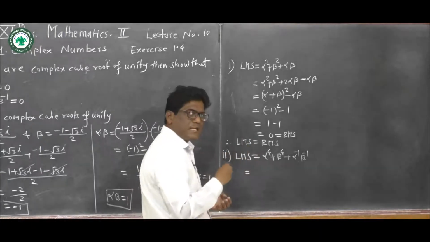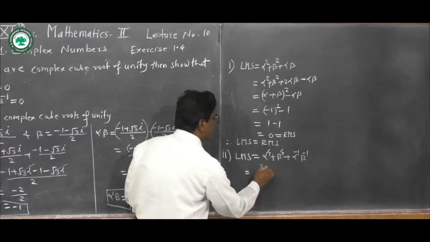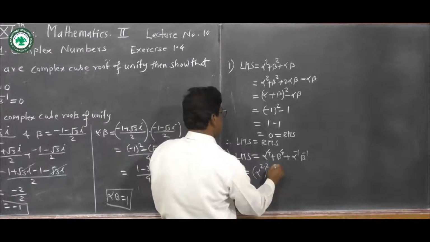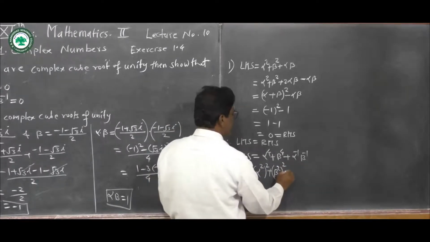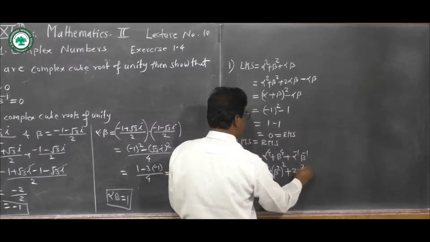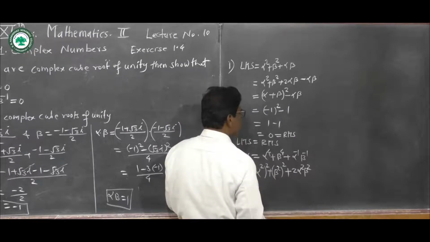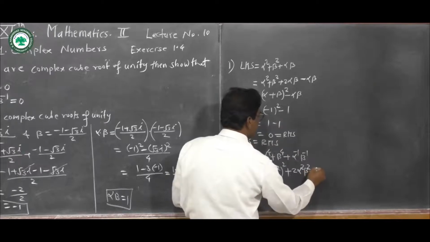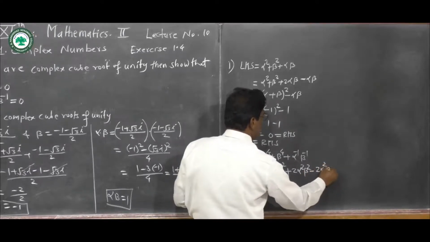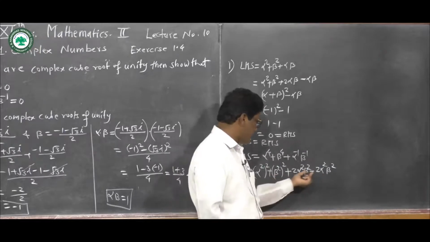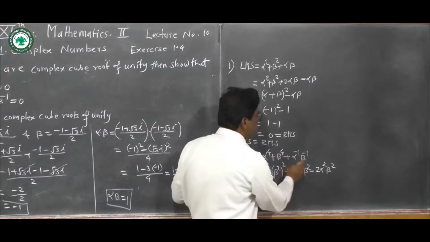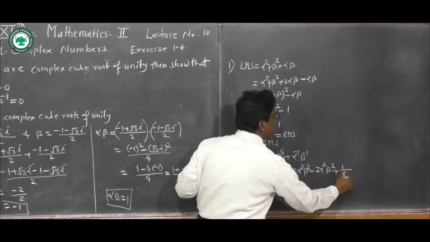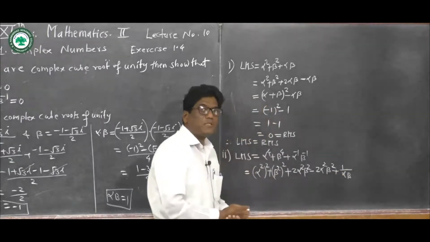We write this as alpha square to the square plus beta square to the square, plus 2 times alpha square beta square and minus 2 times alpha square beta square. We add and subtract 2 times alpha square beta square, and plus alpha to the power minus 1 beta to the power minus 1, we write as 1 upon alpha beta.